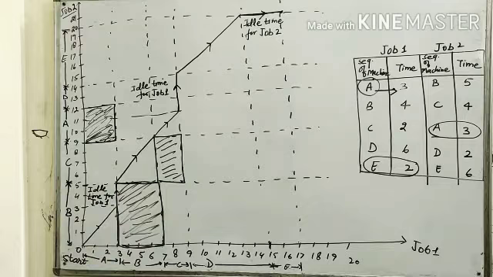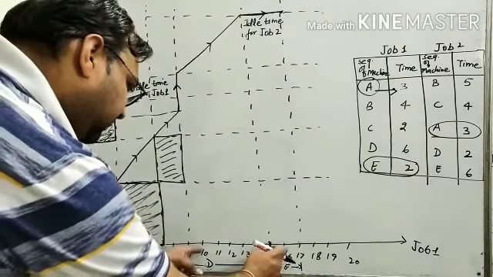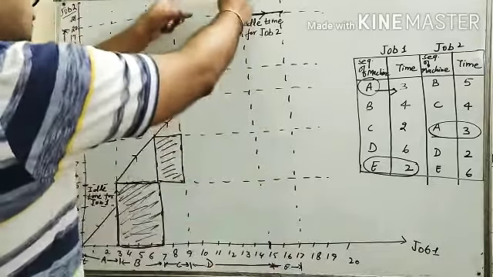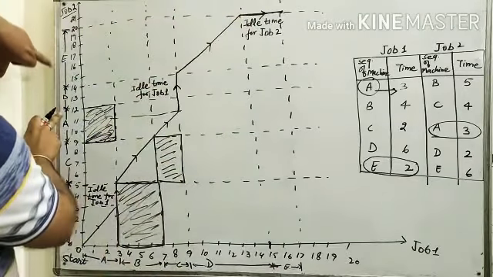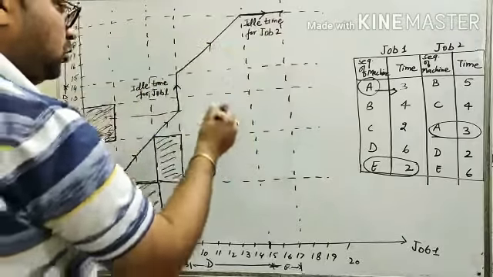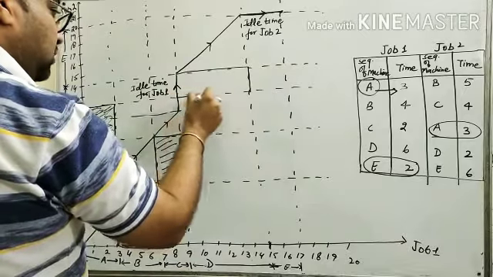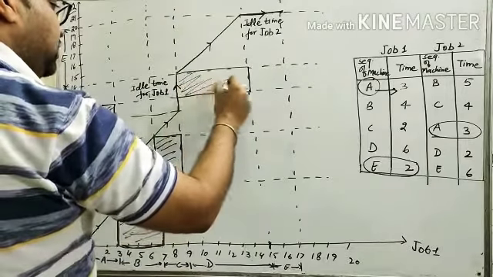Same as for the D machine, the entire area for job 1 is from 10 to 15, this entire area. And for this D, this is the region for job 2. So the common region is this particular one. So we have to shade it.